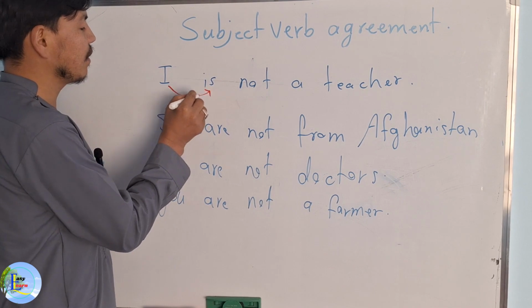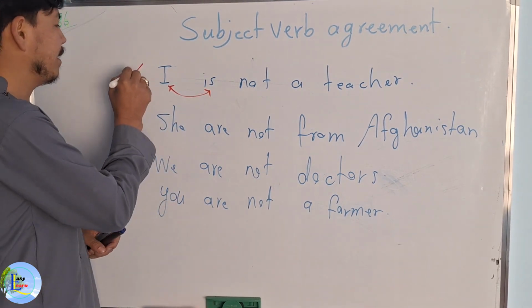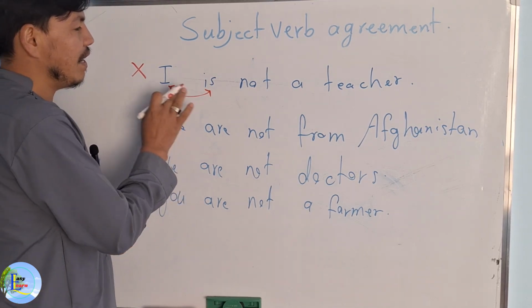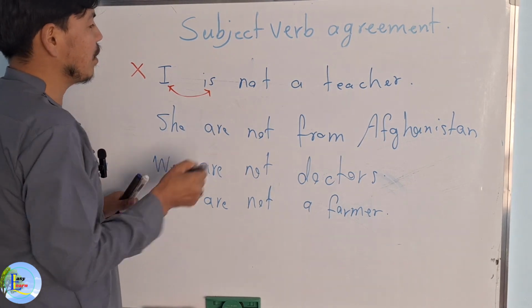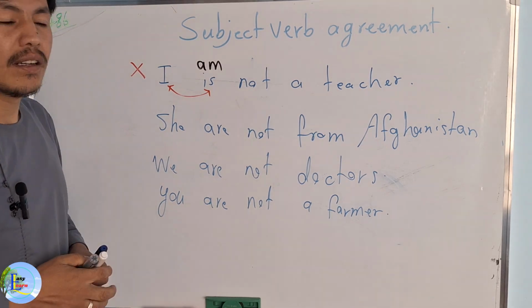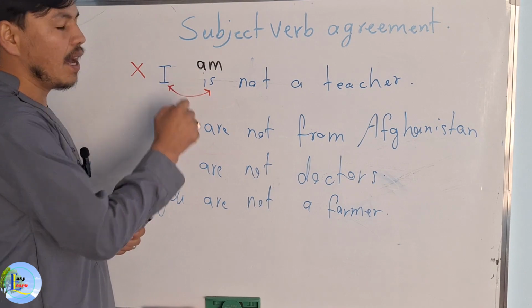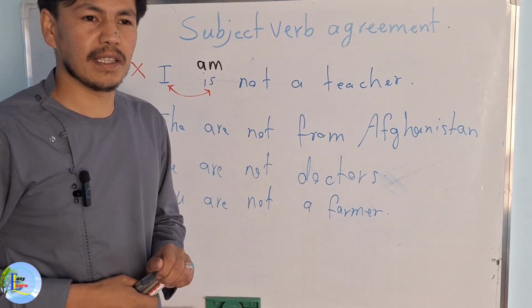I and is do not agree here. So this sentence is wrong. I is not. So what should I write here? I must write I am not. I am not a teacher. So, am, is, or are are forms of the to be verb, to be present.